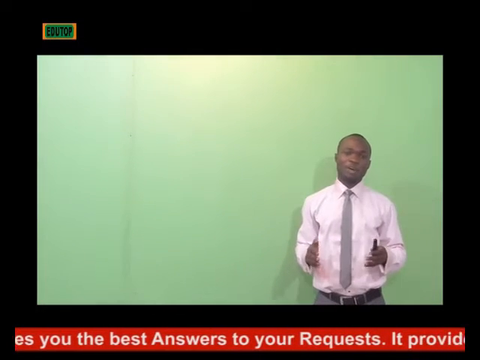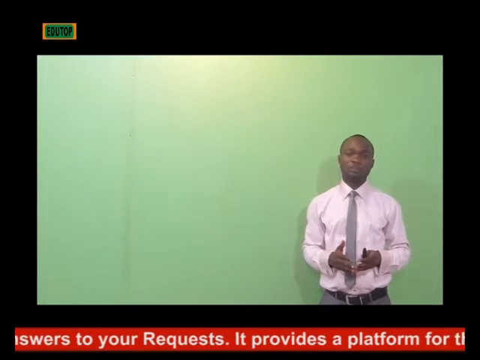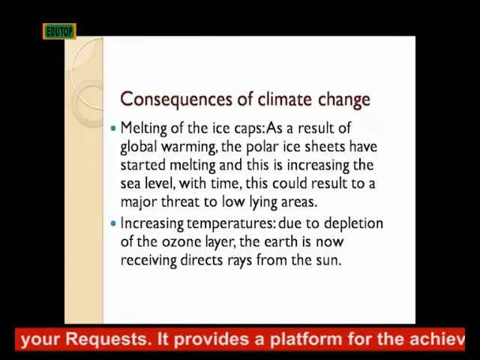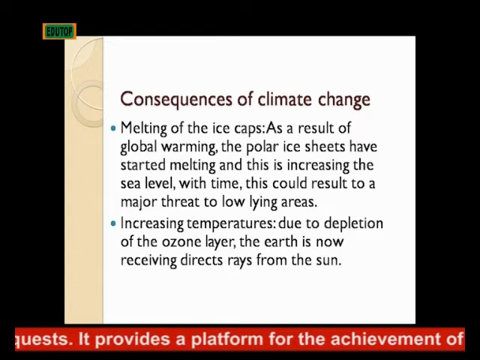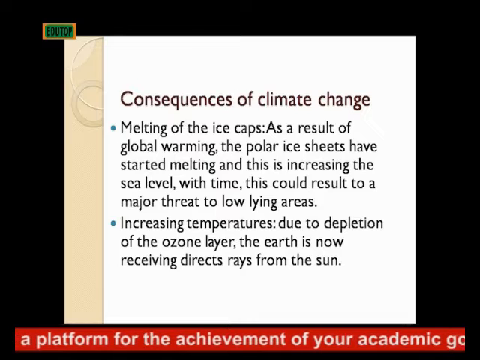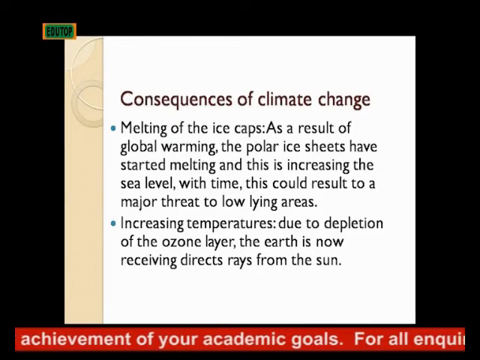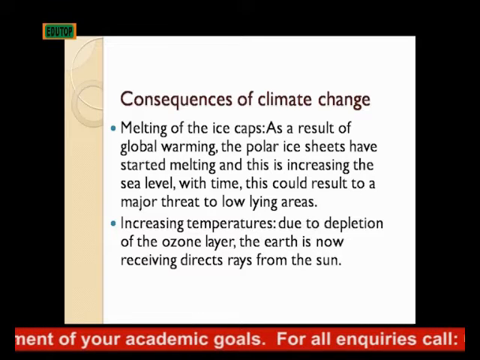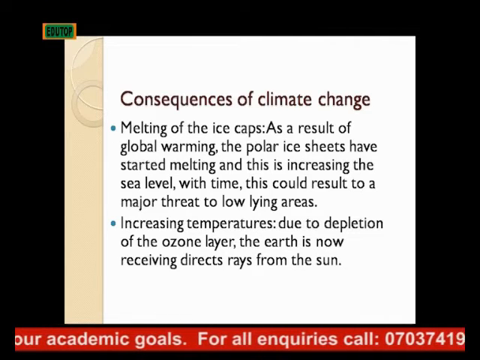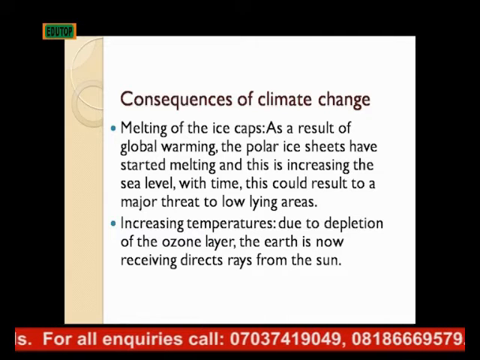Now, when there is climate change, there is melting of the ice caps. As a result of global warming, which is also a result of the changes in the climate, the polar ice has to melt, and this leads to an increase in sea level.